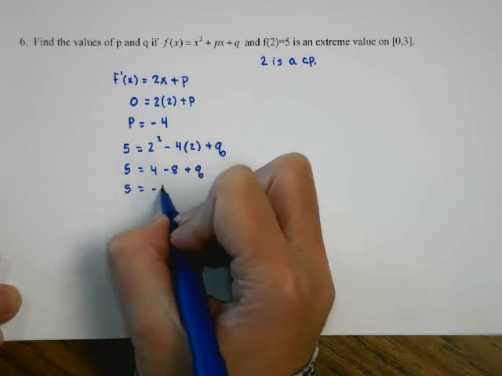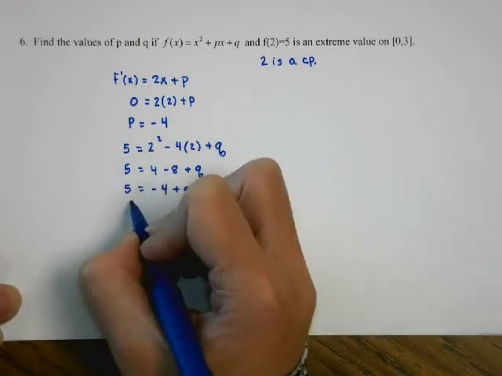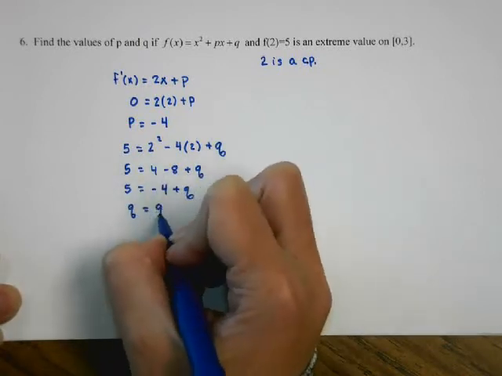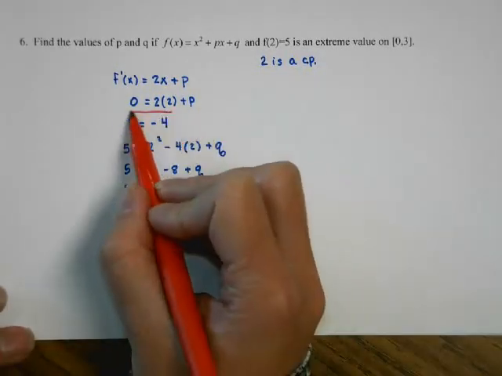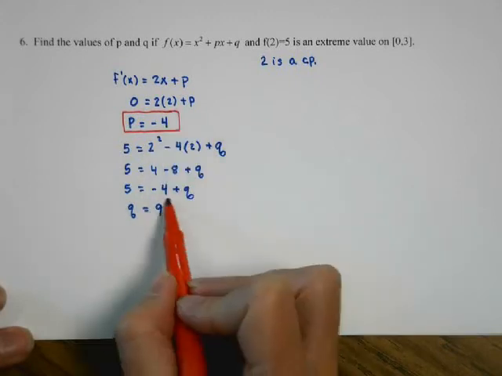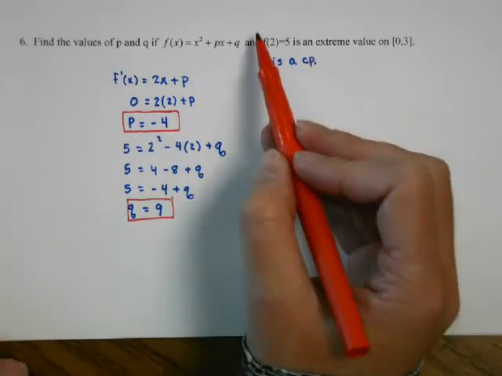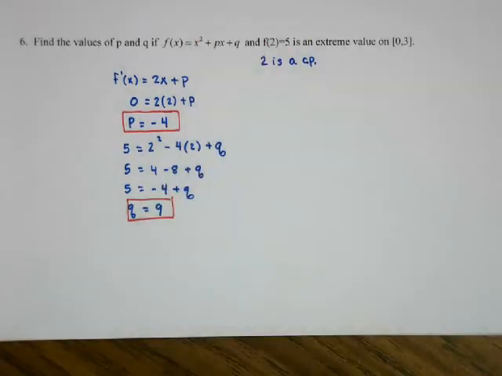So 5 is negative 4 plus q. So q is 9. So in these types of problems, just always remember that you have a point, you have the function, and then just look at what information they're telling you and what you can use that for.